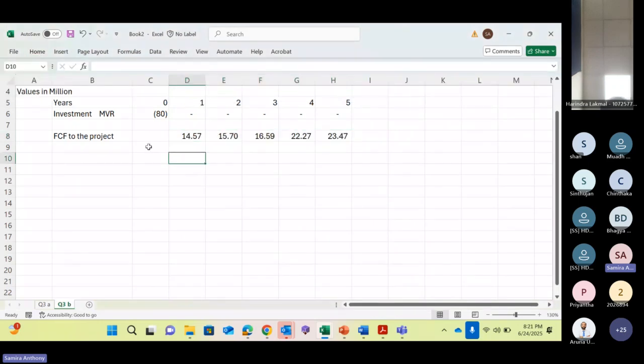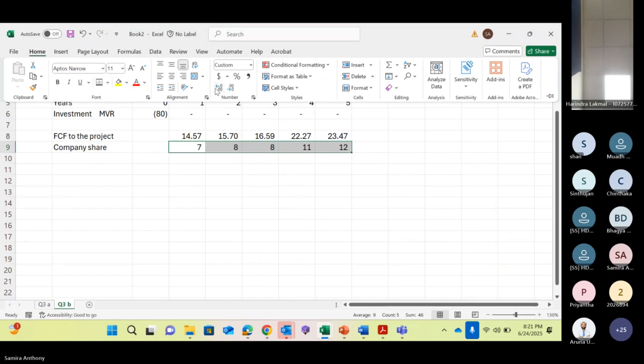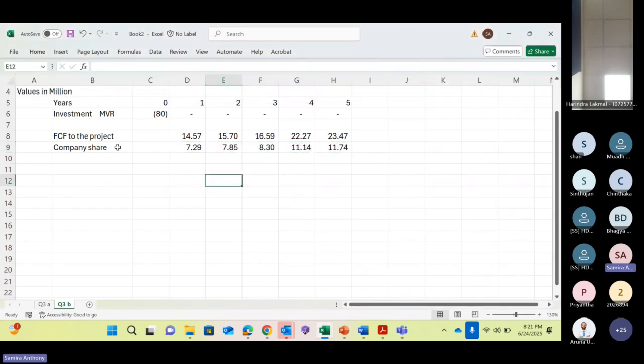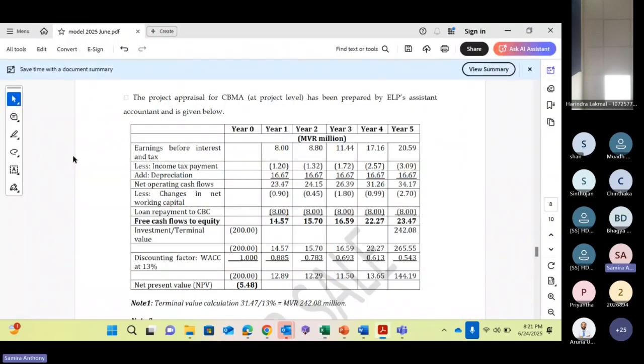We only get 50%, right? Company share, they will distribute equally in the first 5 years. Therefore, they will get 50% of this, right? This is the company share. Going back to the question, they have calculated their terminology, not relevant to us.